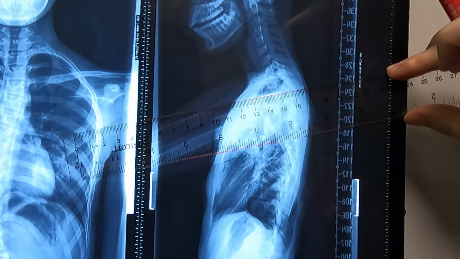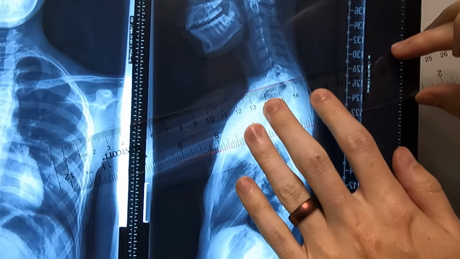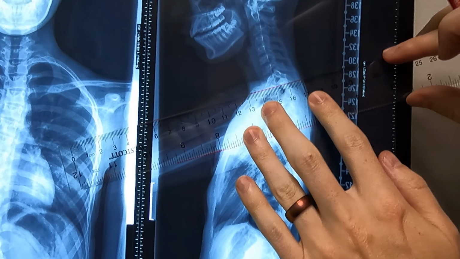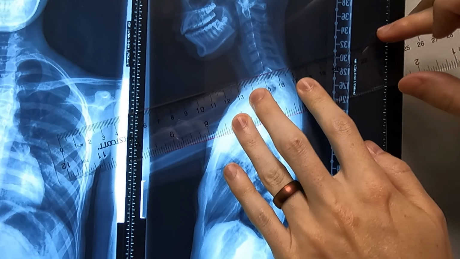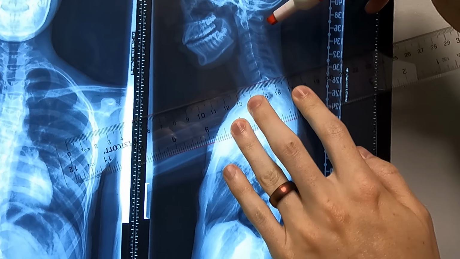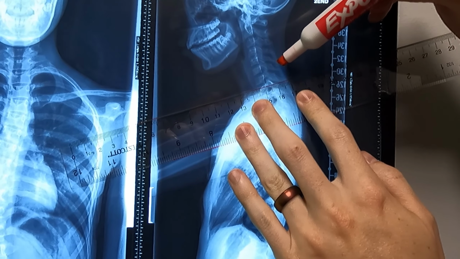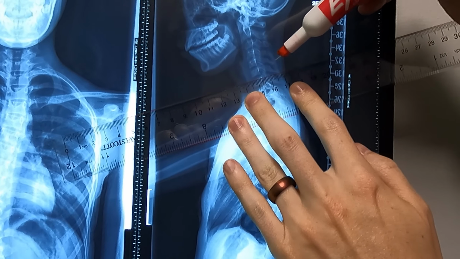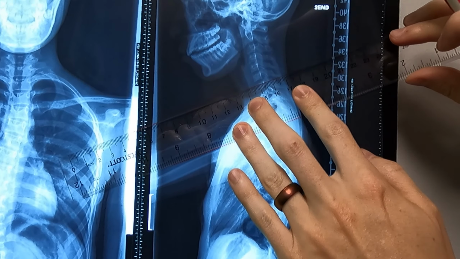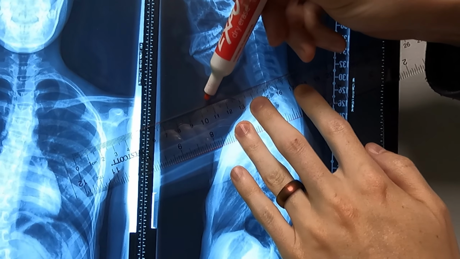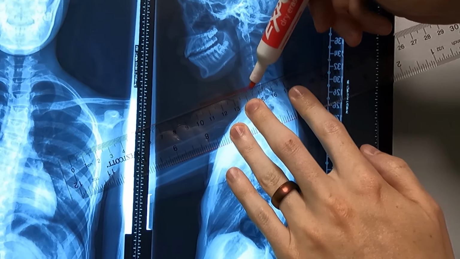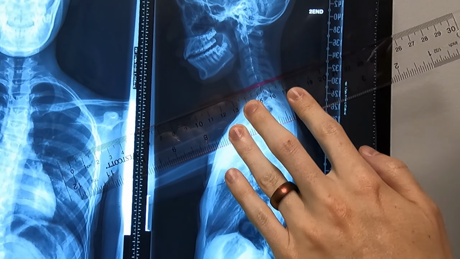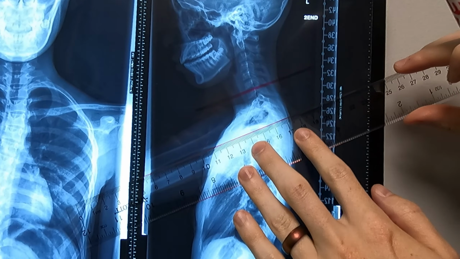And I think it does. So we're going to take the top of T1. Let's see, 1, 2, 3, 4, 5, 6, 7. T1's right here.